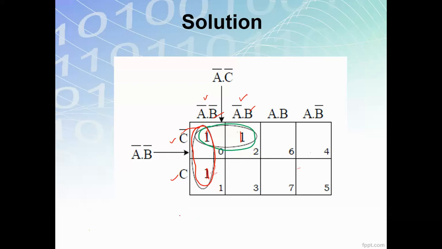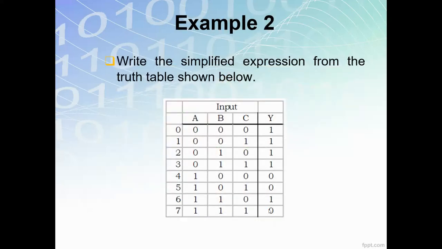So when you combine, your answer should be A bar dot B bar plus A bar dot C bar. Alright, this is the second example of how you write the simplified expressions from the truth table for 3 input variables. The more outputs you have, the more simplified your Boolean expressions are when you're using a Kmap.